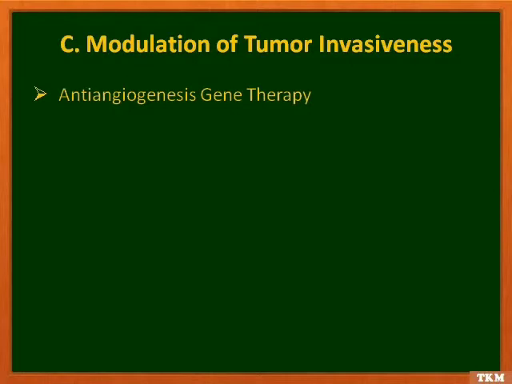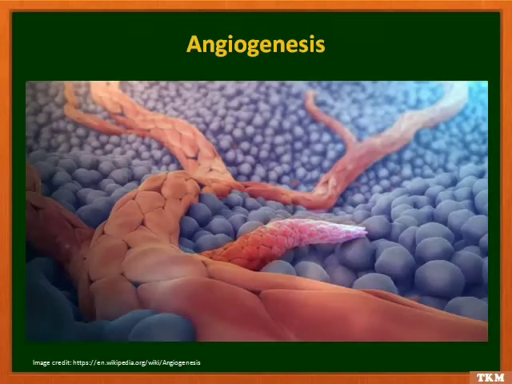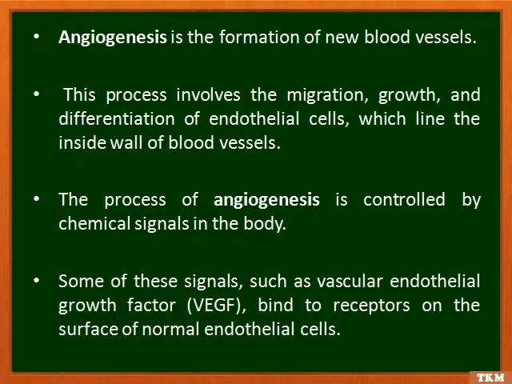Coming to the third approach, modulation of tumor invasiveness, in that, antiangiogenesis gene therapy. Now, in order to understand antiangiogenesis, we need to understand the term angiogenesis. Angiogenesis is nothing but the formation of new blood vessels, in simple language.